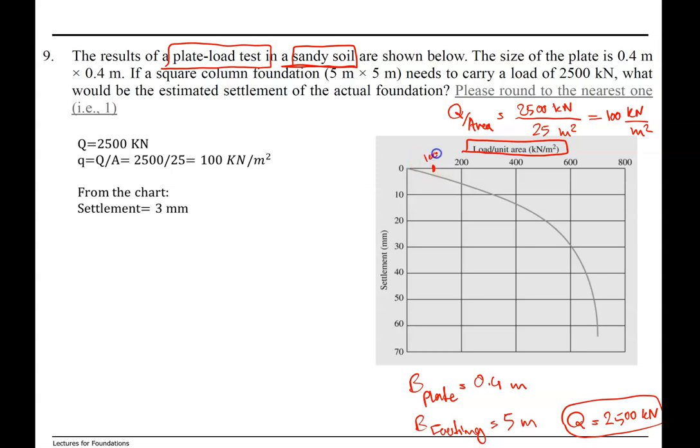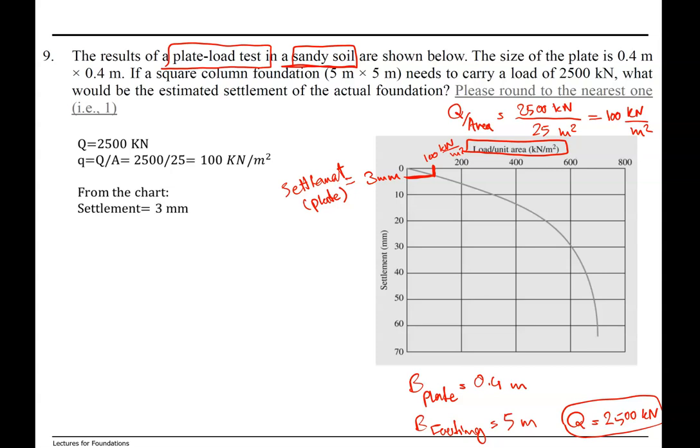We find 100 kilonewton per square meter, go to the curve and find the settlement. This is 3 millimeters. So if the load per unit area is 100 kilonewton per square meter, it will cause 3 millimeters settlement in plate. That's plate's settlement.